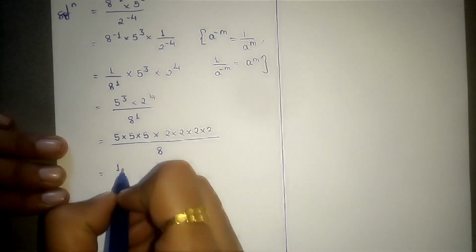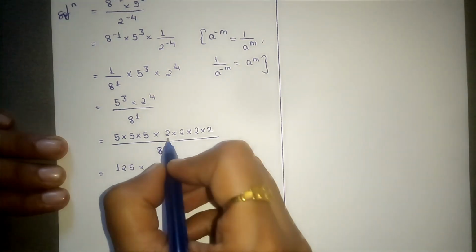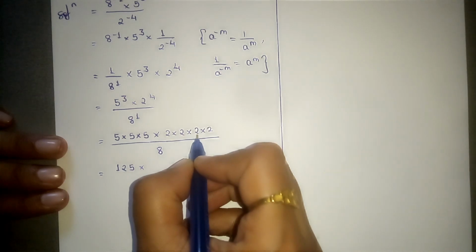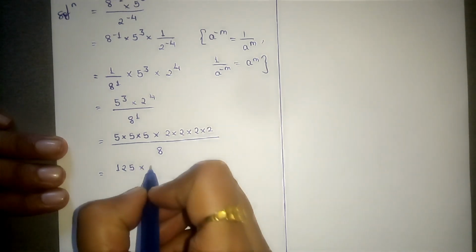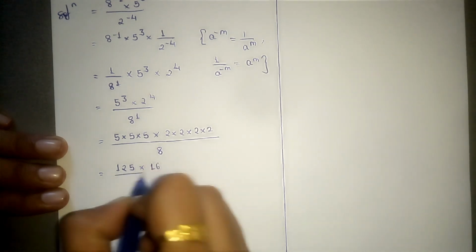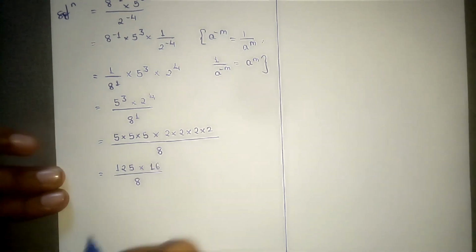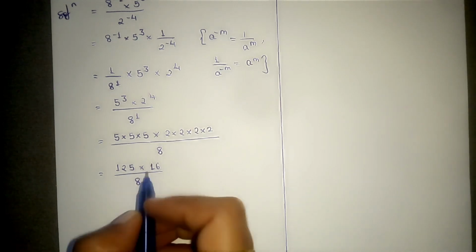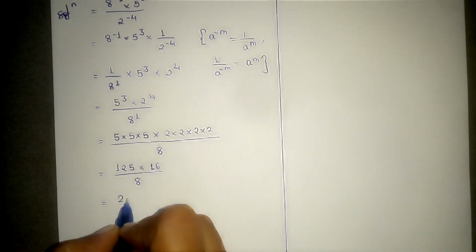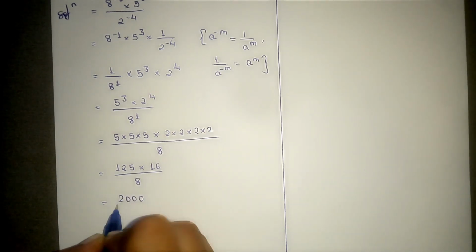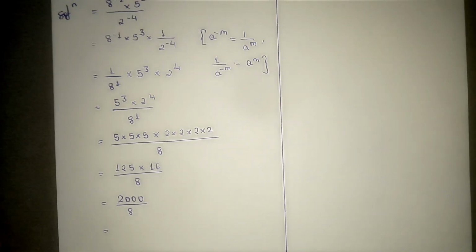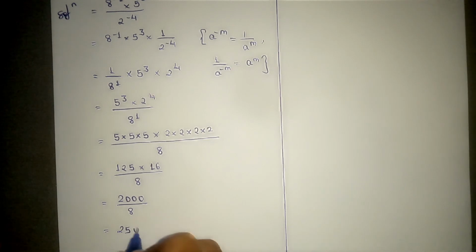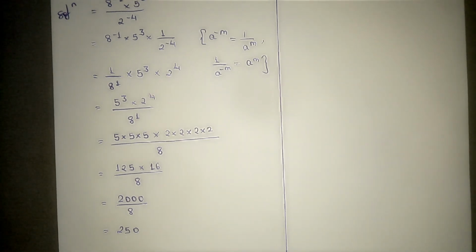So we write 125 into 2 into 2 is 4, 4 into 2 is 8, and 8 into 2 is 16. So we write 16, divided by 8. Now 125 multiplied by 16 equals 2000, and 2000 divided by 8 we get 250. So this is the answer for this given question.